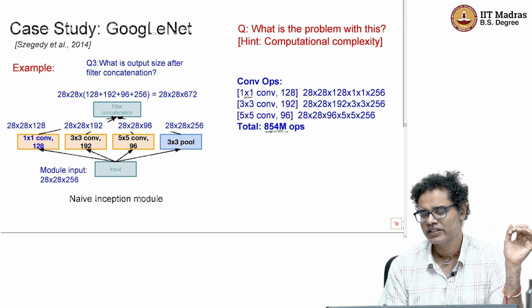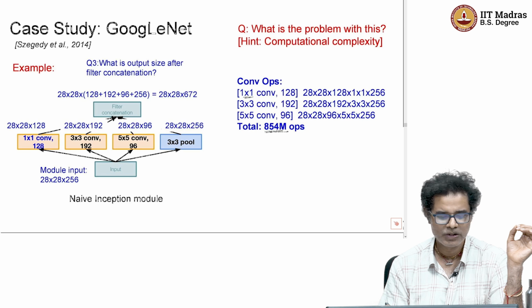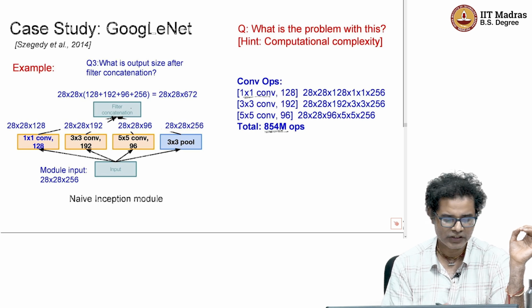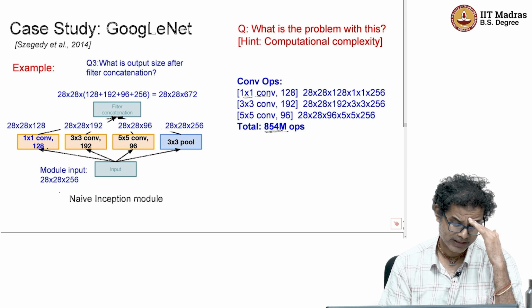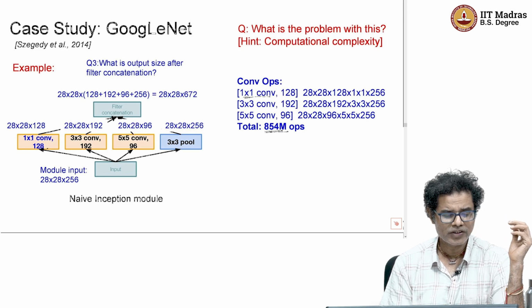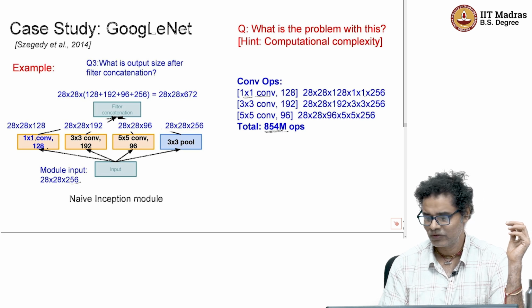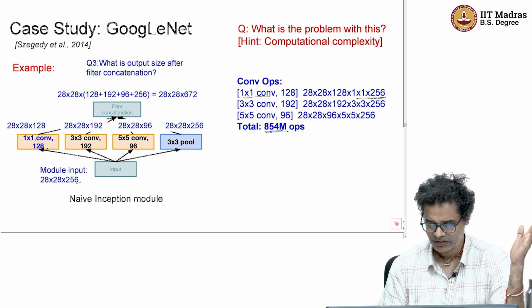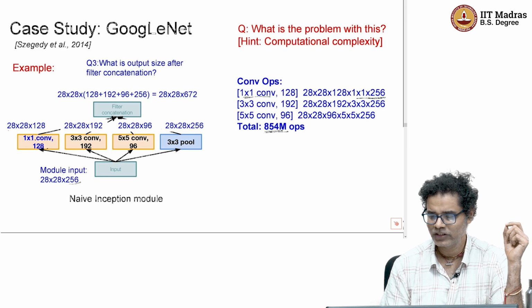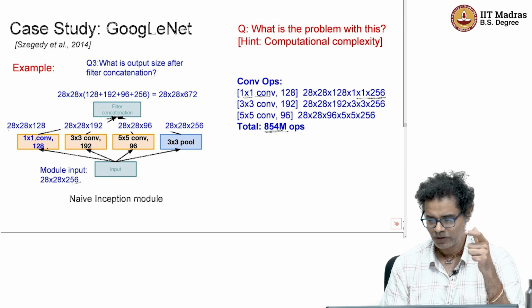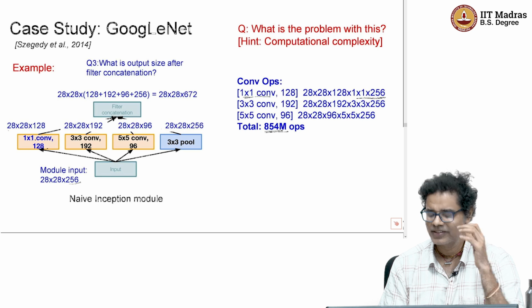Let's see how we came to this number. If you look at this 1 cross 1 convolution with 128 channels, how many multiplications are required? You're applying a 1 cross 1 filter across 256 channels. So 1 cross 1 cross 256 multiplications will produce only 1 pixel in the output.